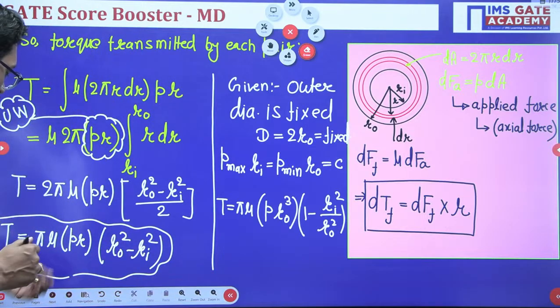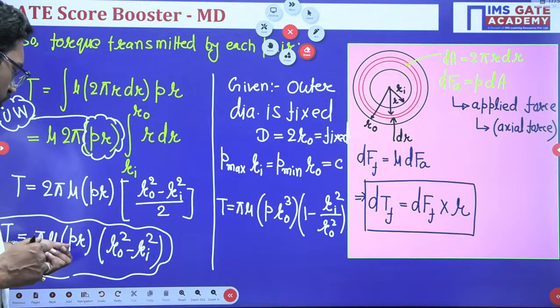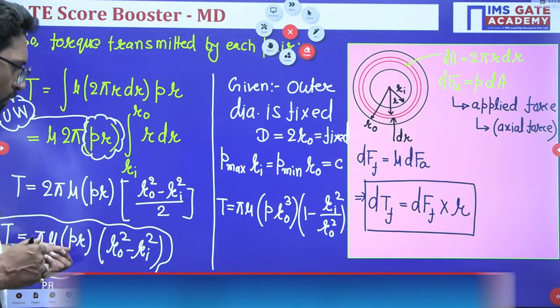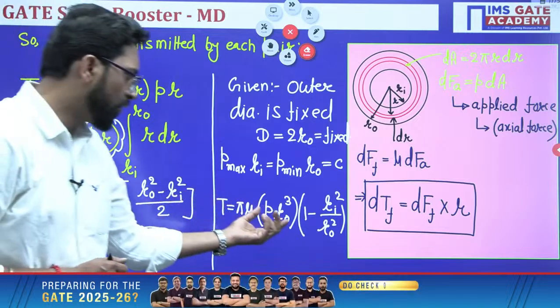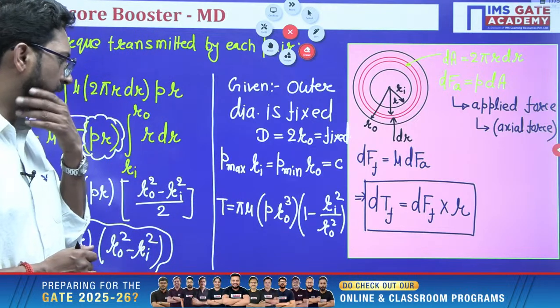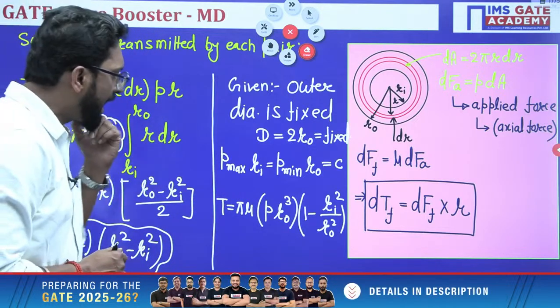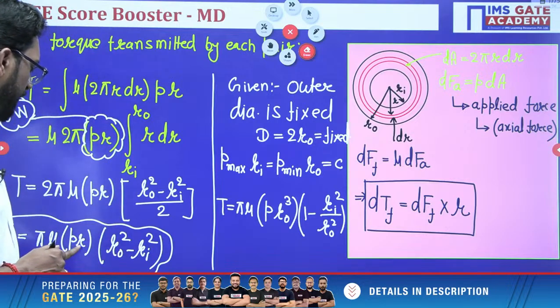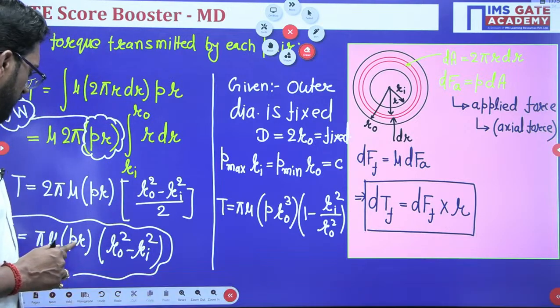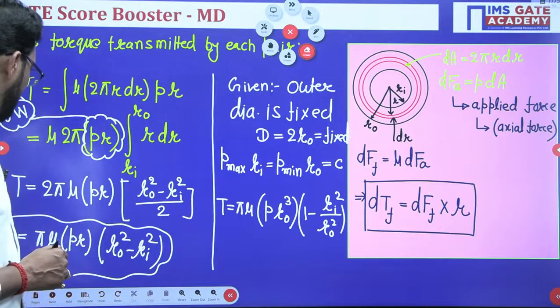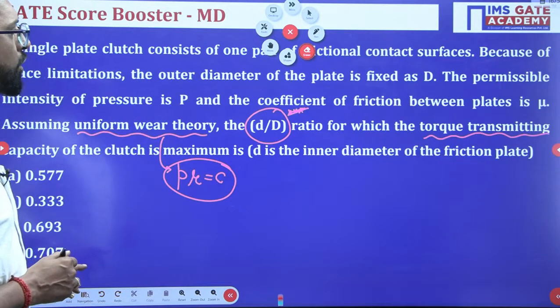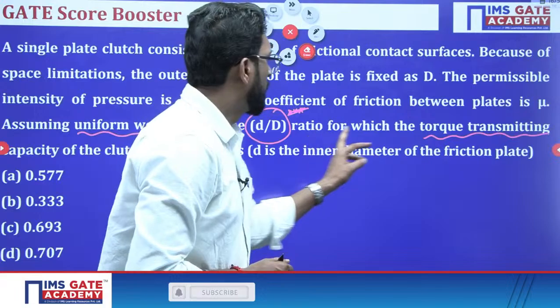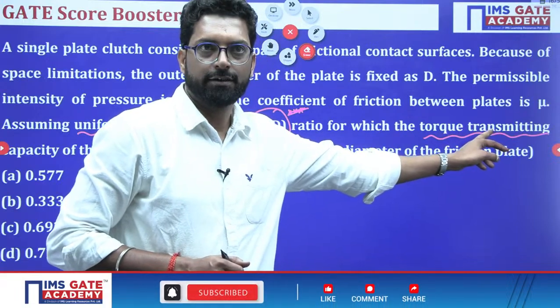If you take Ro, that is correct, no problem at all. If you take Ri, then P max. We always design for the maximum. Why? Because we want the maximum torque transmitted.